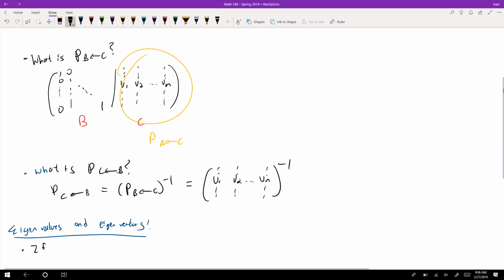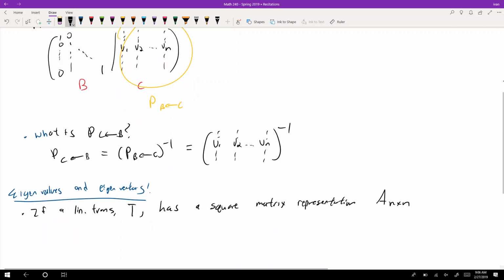If a linear transformation, let's call it T, has a square matrix representation, so an n by n matrix that represents T, it's going to be a square matrix. What are the eigenvalues and what are the eigenvectors? Let's start with eigenvectors.